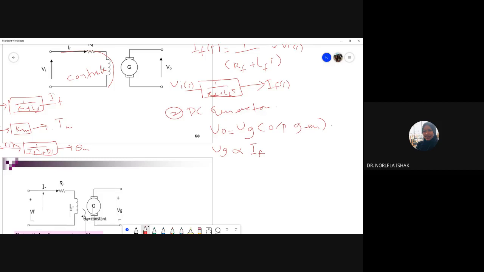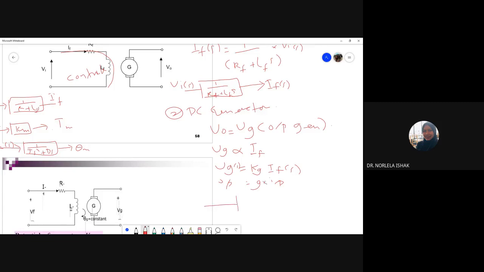Okay, so we can derive the equation. VG is proportional to I_F. So we simplify this by giving one constant, let's say Kg. Okay, we can get this in the s domain. VG(s) is our output, equal to gain times this input, so you no need to simplify this equation.